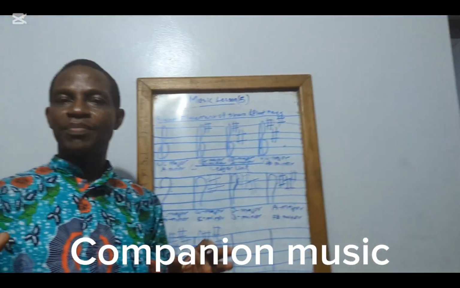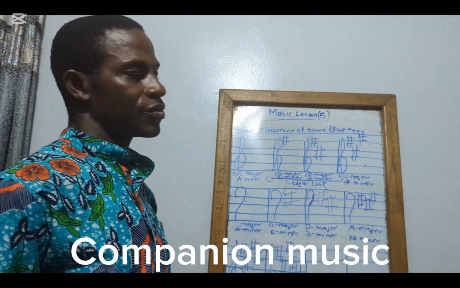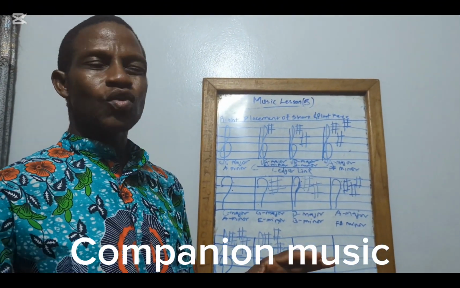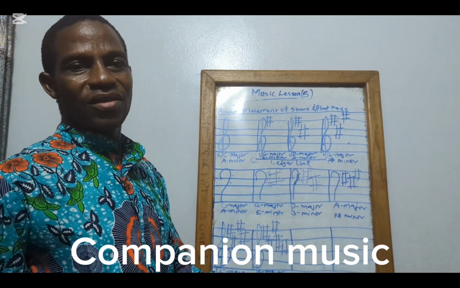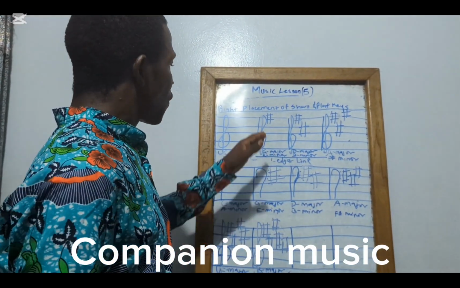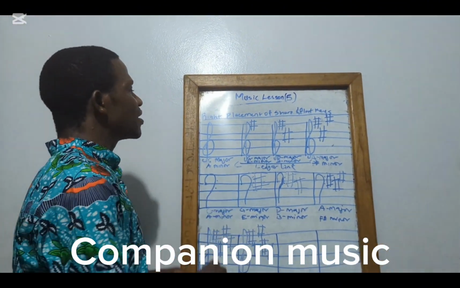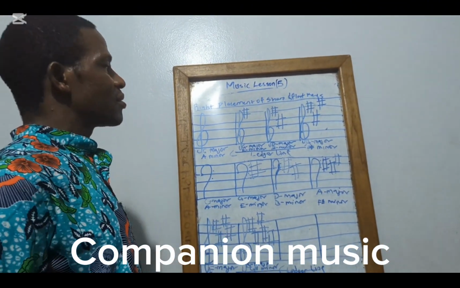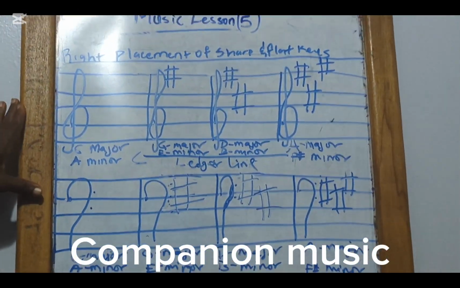Right placement of a key signature. There is need for us to know how to place keys, either sharp or flat, on a staff. We don't just place it anyhow, and that is exactly what we have displayed on our board.